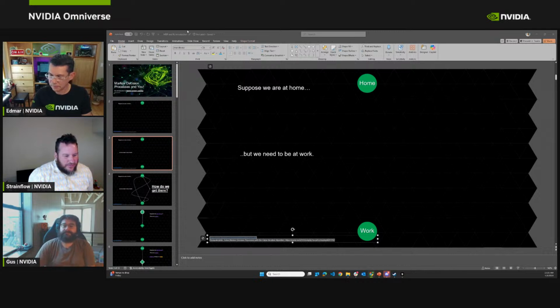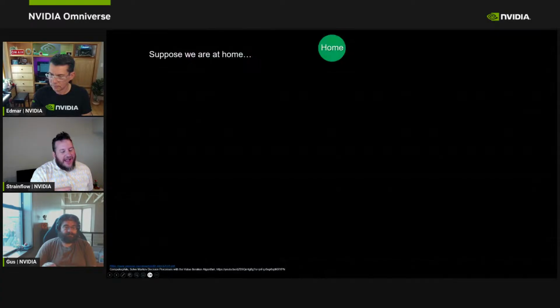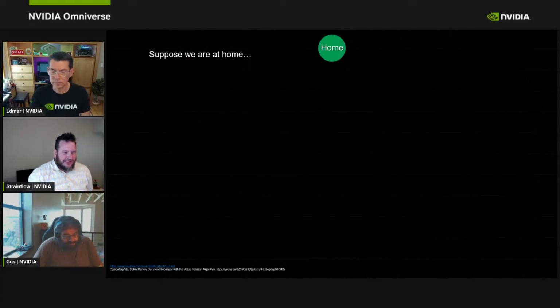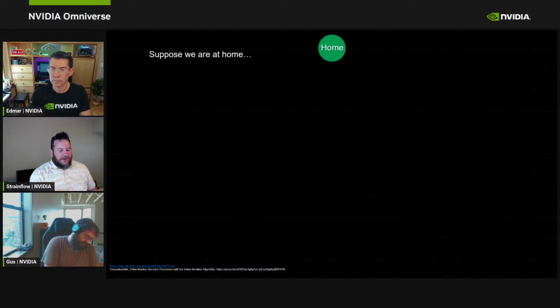As we're going, please ask questions. I have had the hardest time understanding what this Markov decision process thing is, but it is just the absolute foundation and core of reinforcement learning. And if you understand what it is, it really simplifies the way you set up Isaac Lab for reinforcement learning. Because for reinforcement learning, the Markov decision process defines all of the inputs and outputs you need in all the functions.